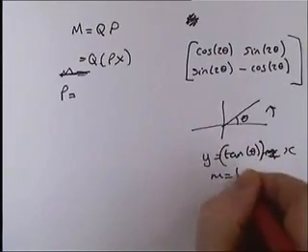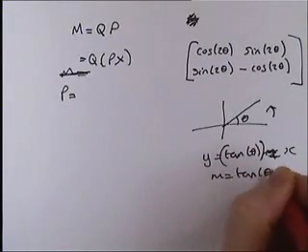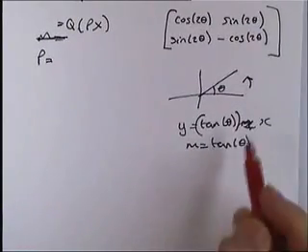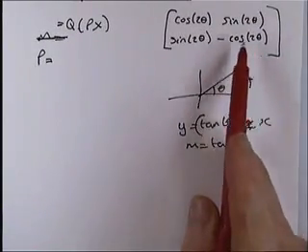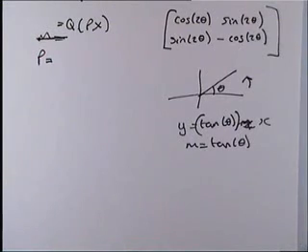So m equals tan theta. So if you're given the equation of the line, then you can work out the angle which you have to substitute into this standard reflection matrix.